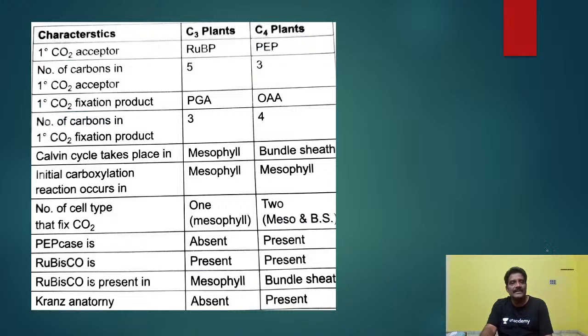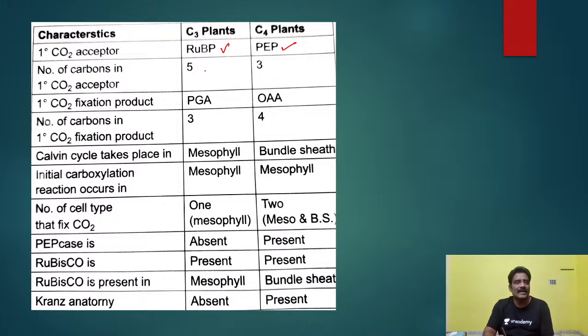Now, what is the carbon dioxide acceptor here? I gave you a table. The carbon dioxide acceptor in C3 plants is RuBP, whereas in C4 plants it is PEP, phosphoenol pyruvic acid.